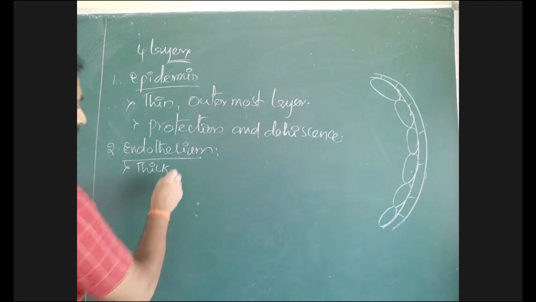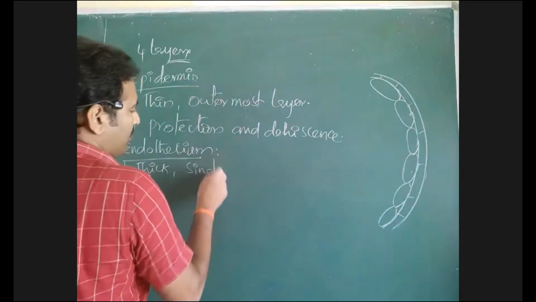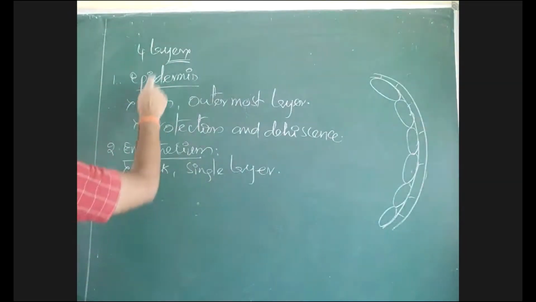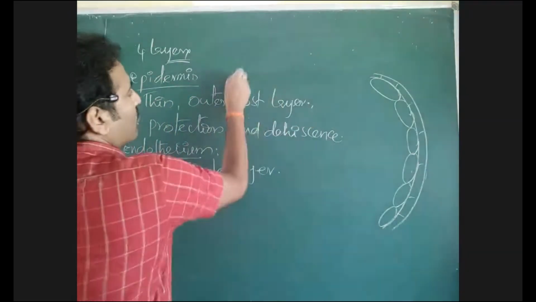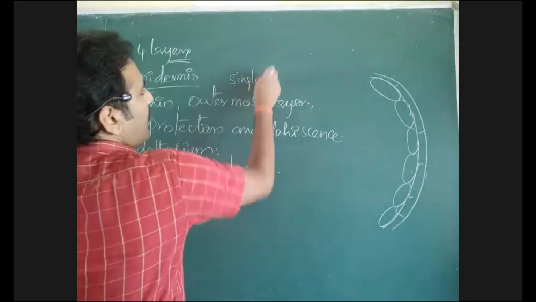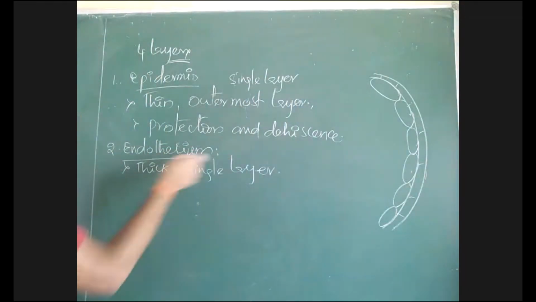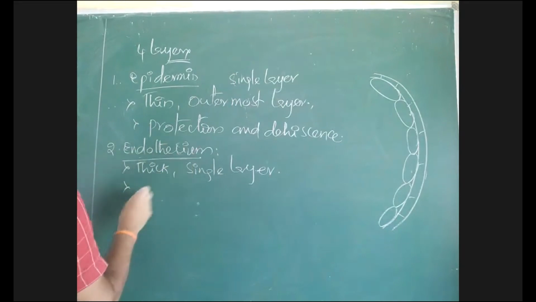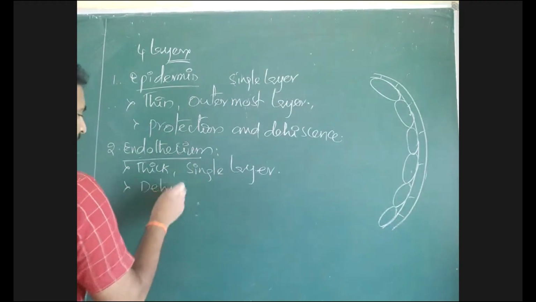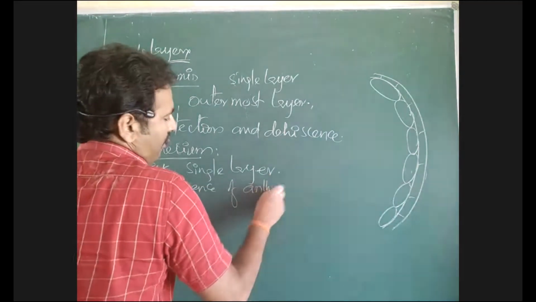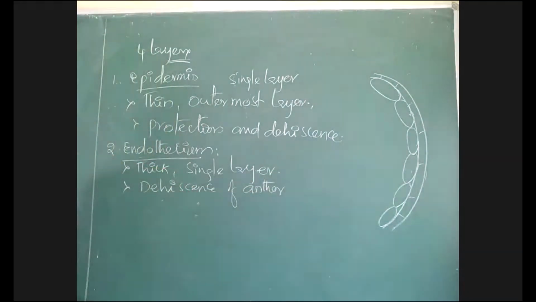This is also a single layer only. Epidermis is a thin outermost layer and it is a single layer. Single layers of cells are present in epidermis and endothecium. Endothecium is also responsible for dehiscence of the anther. Anther dehiscence is mediated by both epidermis and endothecium.